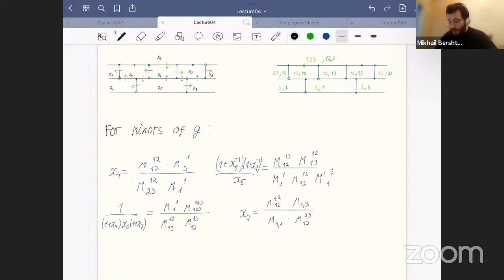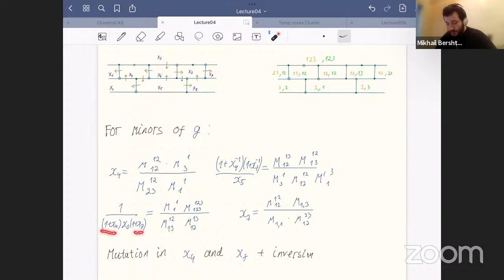So actually this is a mutation in x4 and x7 plus inversion. So if you mutate in these two x variables, then these two variables will be inverted, and x6 will be multiplied by this, and x5 will be multiplied by 1 over this. And so after all inversion, you get the result.